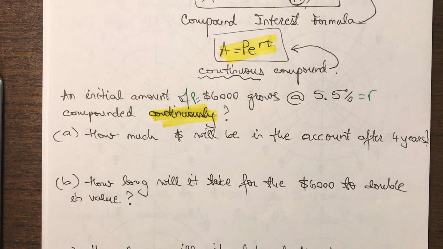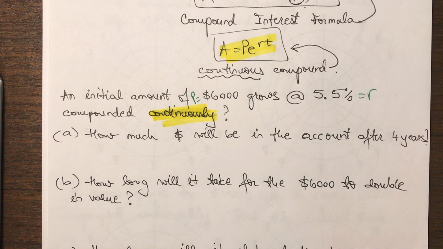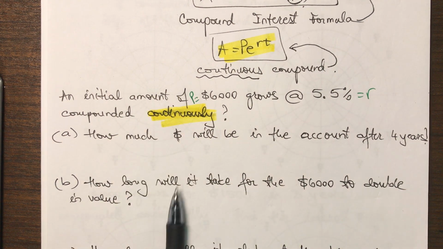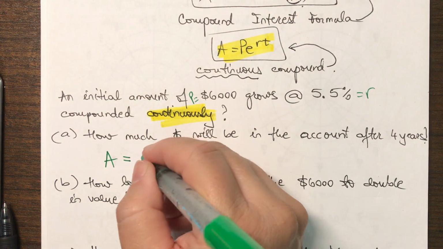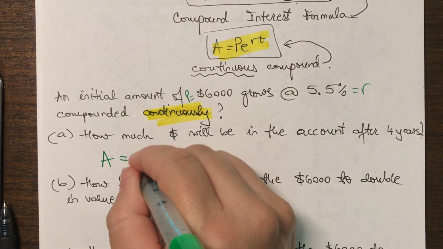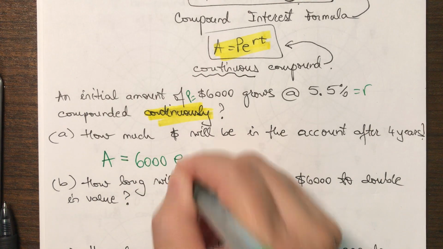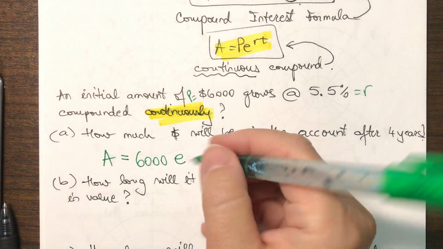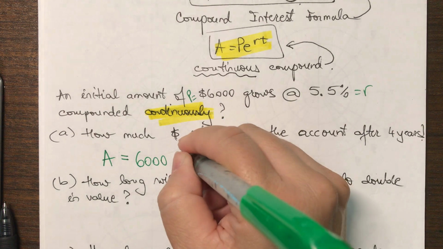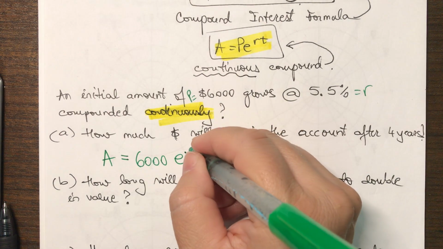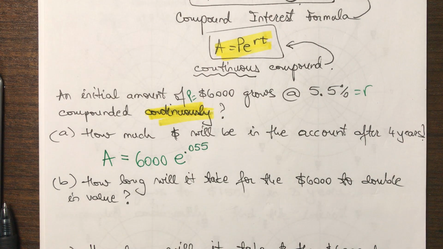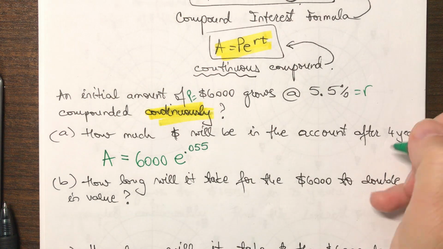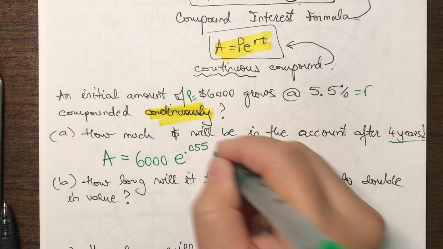So how much money will there be in the account after 4 years? So that simply means that I'm going to plug these numbers into my continuous compound formula. So P, which is 6,000, e, right, the Euler number that we use in this case, to the power of r, which is 5.5%. So again, don't forget to change this into a decimal number, times t, which is the time, so it says right here, 4 years.